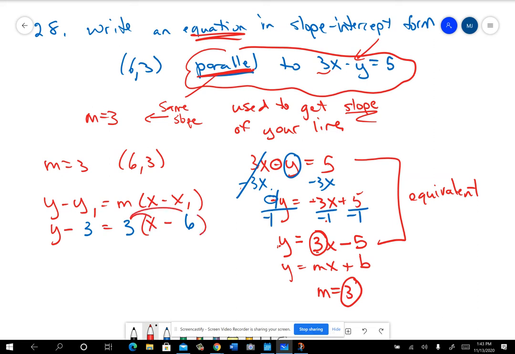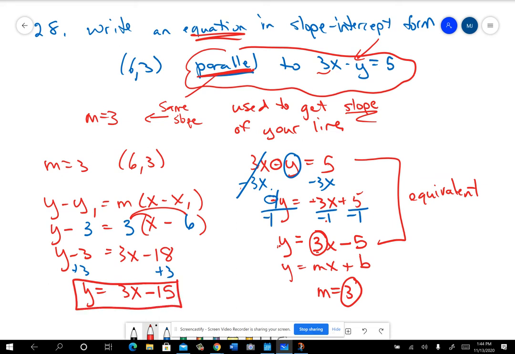Okay, so you'll distribute. You'll add 3. And you wind up with y equaling 3x minus 15. And that's the form they want it in. Slope-intercept form, y equals 3x minus 15.